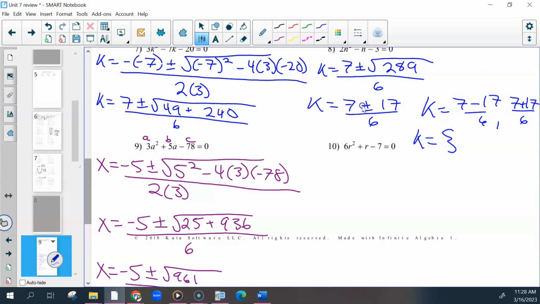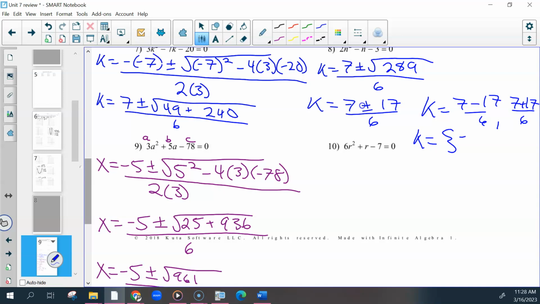Simplify those two. Figure out those answers. Would it be plus or minus negative 10 over 6? So negative 10 over 6.